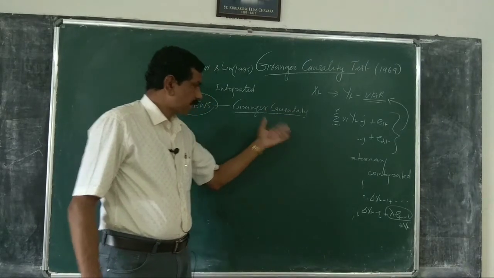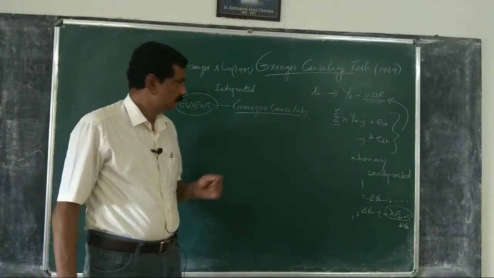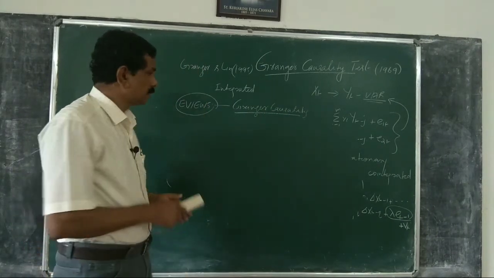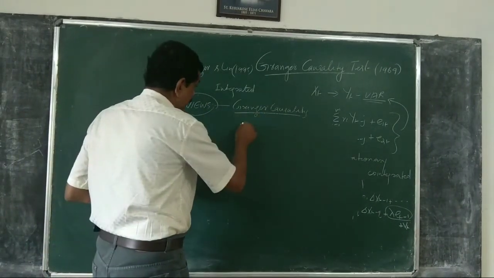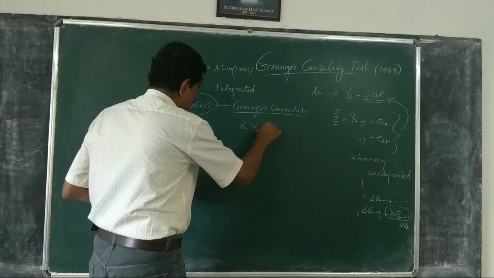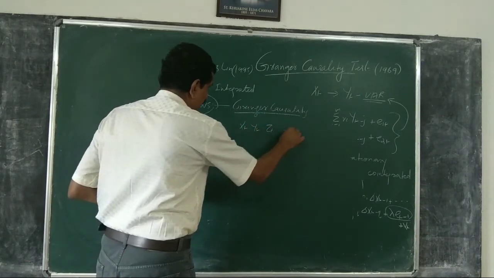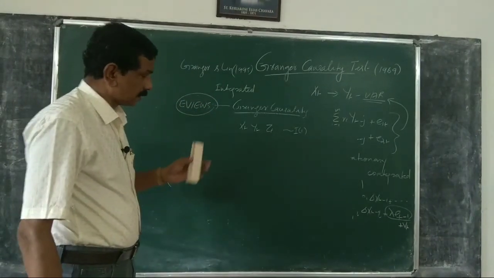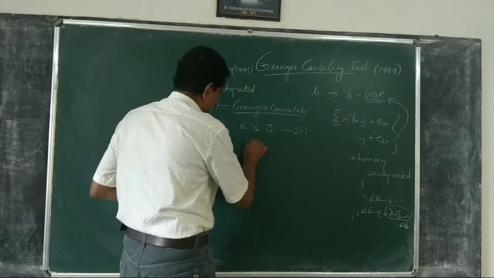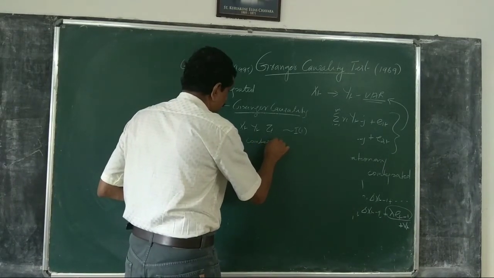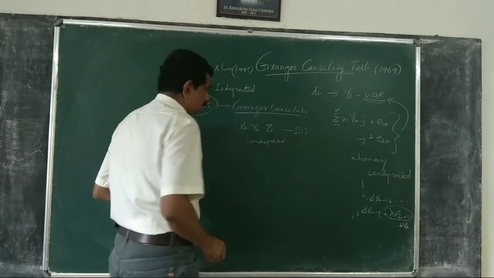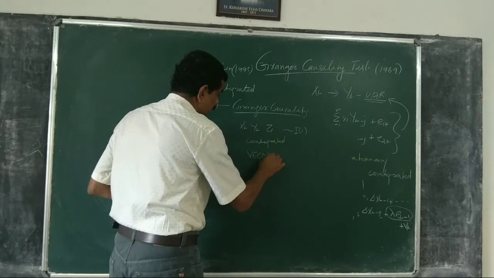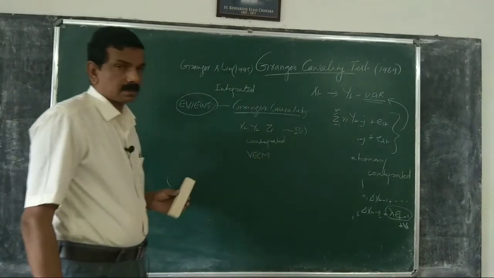So if XT and YT are stationary, you can simply use this Granger causality test, no problem. But if XT and YT, also ZT, many variables, are all I(1), integrated of order one, but co-integrated, then we run the VECM, vector error correction model.